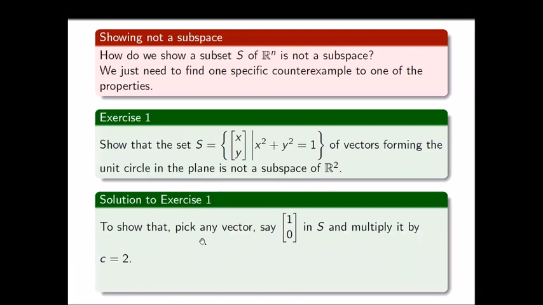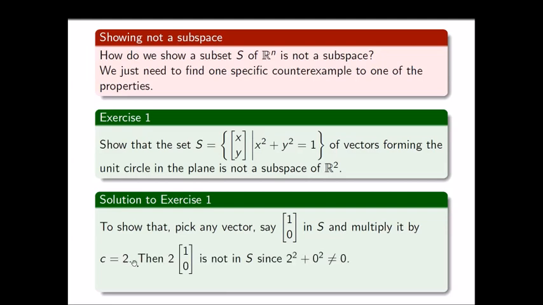To show that, we'll just pick any vector we want in S, and I'm going to choose (1, 0). I'm going to multiply it by any scalar other than 1, so I multiply it by the scalar 2.